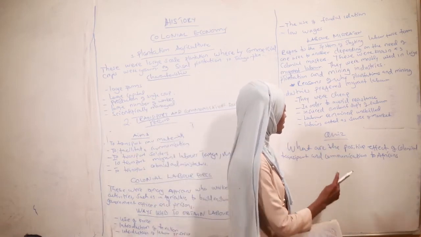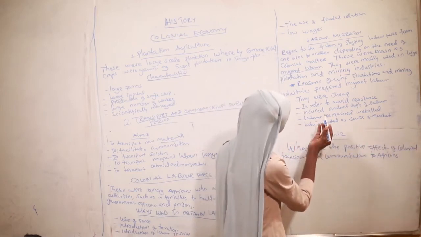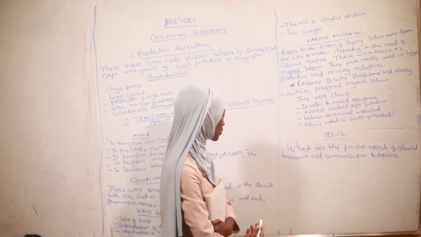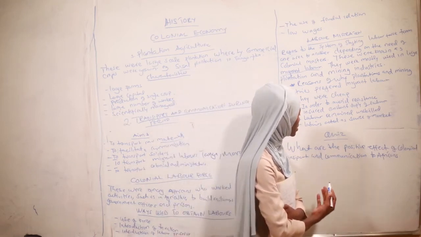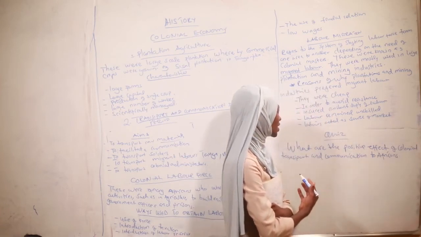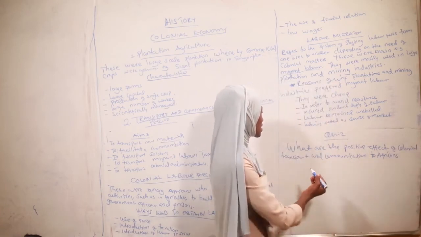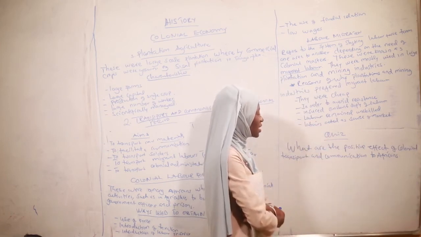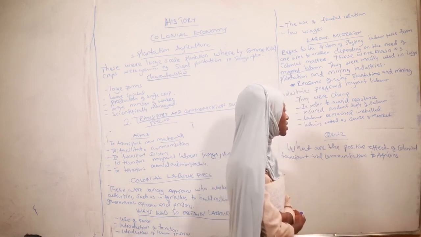So it was necessary for them to get goods from the colonial masters. When they wanted to buy anything, they had to go to the colonial masters. Therefore, colonialists benefited as they got a market.